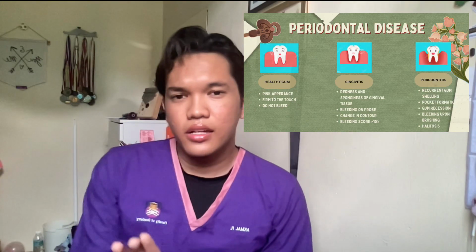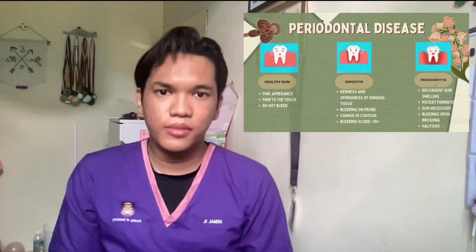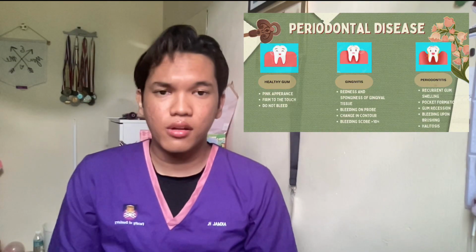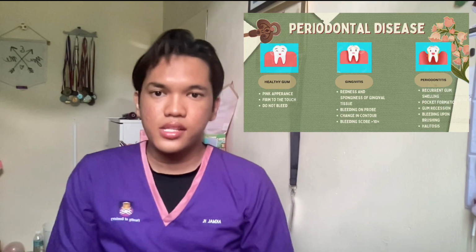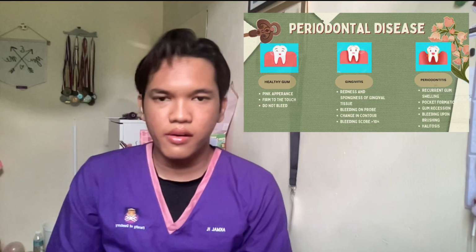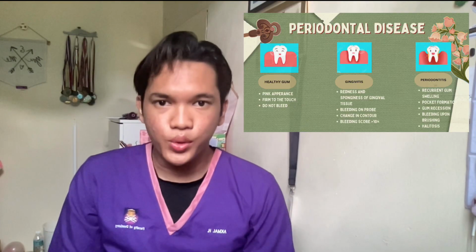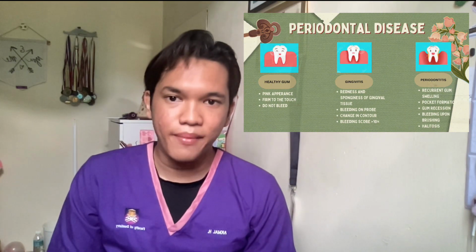Periodontitis is a more advanced and serious form of gum disease that goes beyond the inflammation of the gum seen in gingivitis that I explained just now. In simple terms, it's a condition where the supporting structures of your teeth, including the bone, become damaged over time due to persistent infection and inflammation.